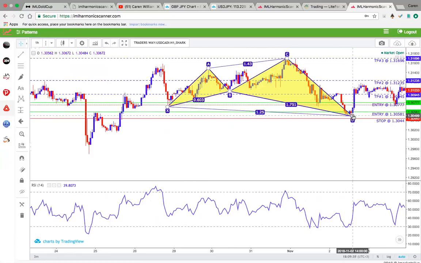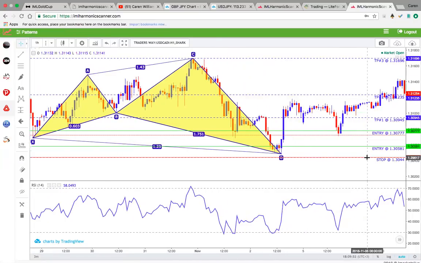I'll repeat that again: the W formation shows you to sell a trade, and the M formation shows you to buy a trade. Along with this information, the harmonic scanner gives you an entry point. In some cases, it can be 2 entries.